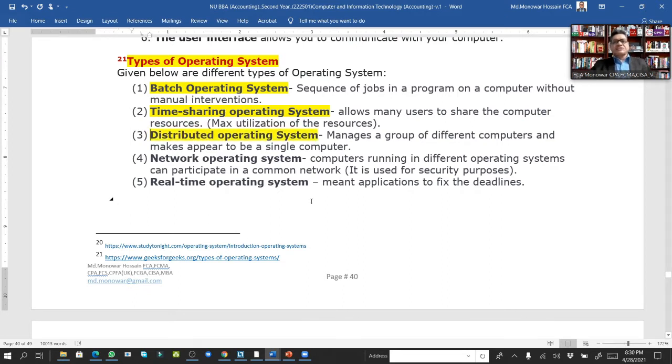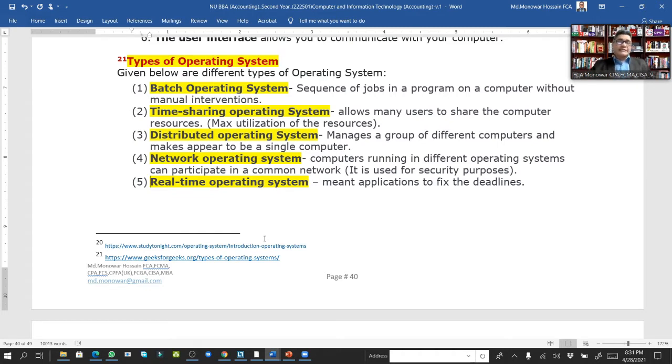Distributed operating system manages a group of different computers and makes them appear to be a single computer. Network operating system, computers running different operating systems can participate in a common network. It is used for security purposes. Real-time operating system means applications with a fixed deadline. So these are the different types of operating system.